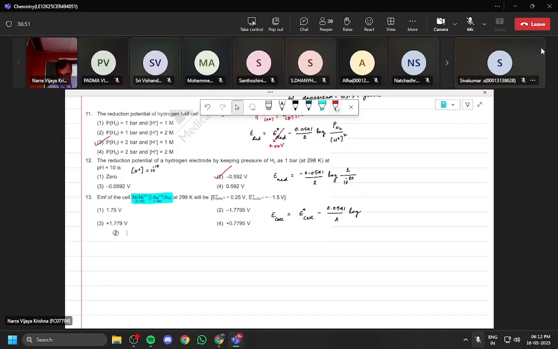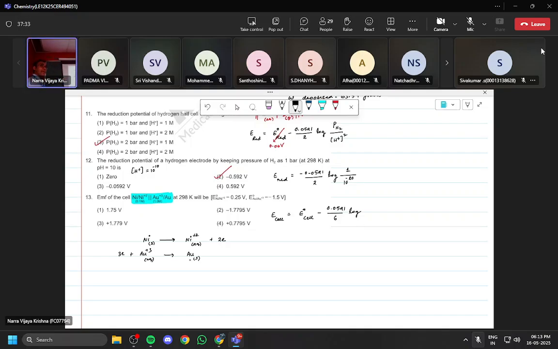So what you will get? Can I write 6 in denominator? In any redox reaction, number of electrons gained and lost must be same. Correct? So, for making you to understand, let me write like this.